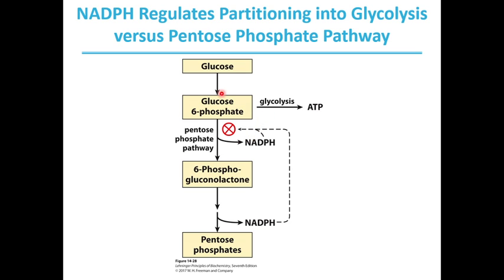As a result, more glucose-6 phosphate is available for glycolysis to form ATP.